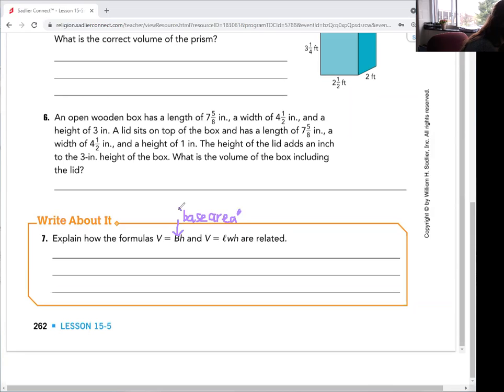That's what B stands for. So explain how the formula of base area times height and the volume formula we learned today are related. Are they the same? Are they different? How are they related if you know that B represents base area? Okay.